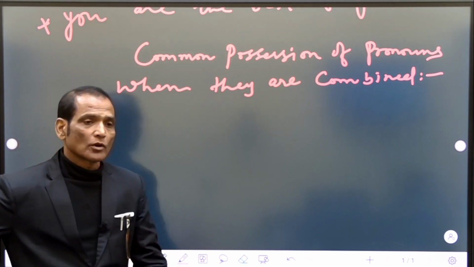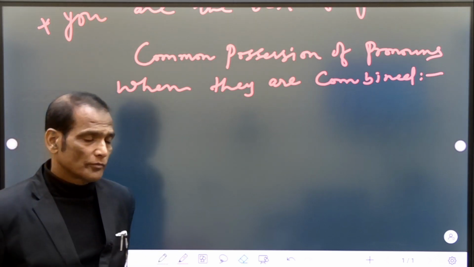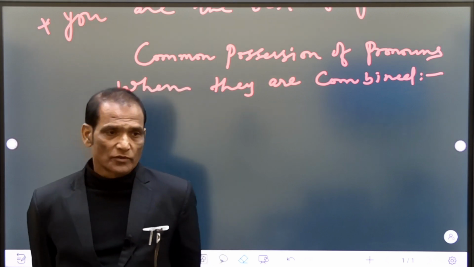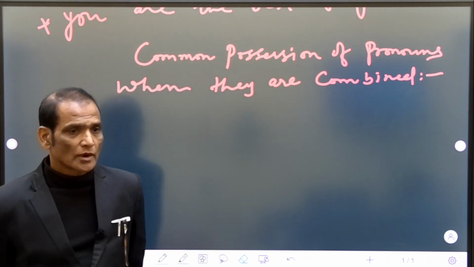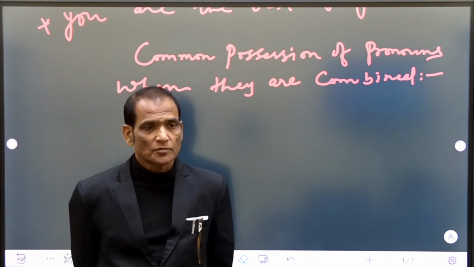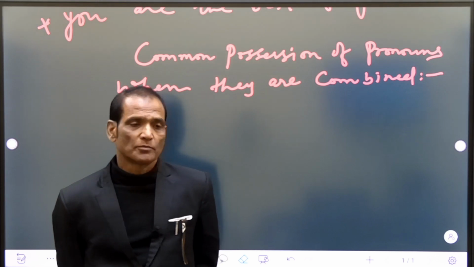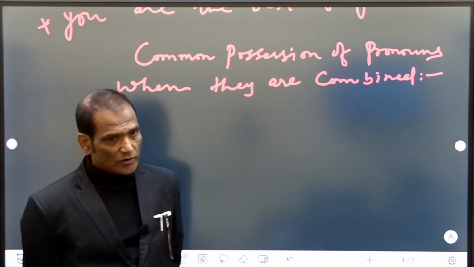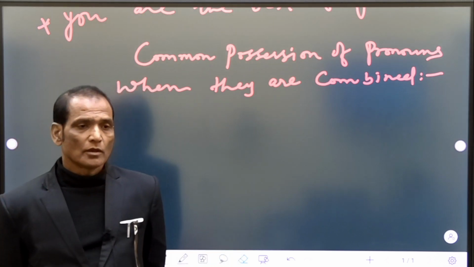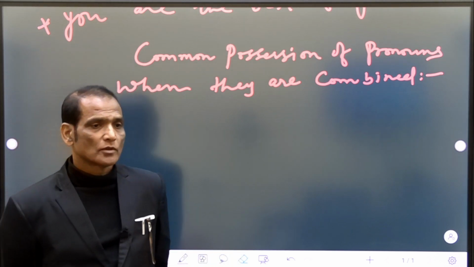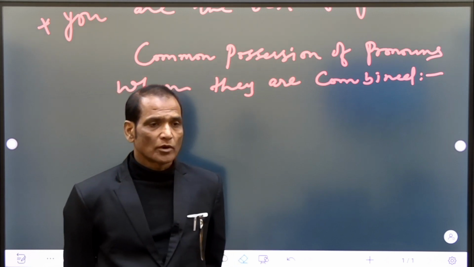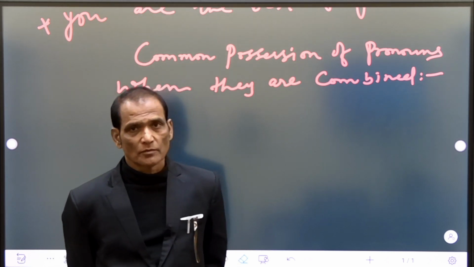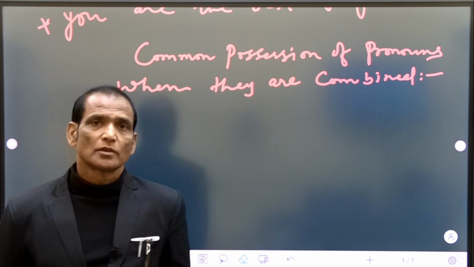Actually, pronouns, you might have heard about persons. There are three kinds of person: first person, second person and third person. In the same way, pronouns have been categorized into these three persons: pronouns of first person, pronouns of second person and pronouns of third person.